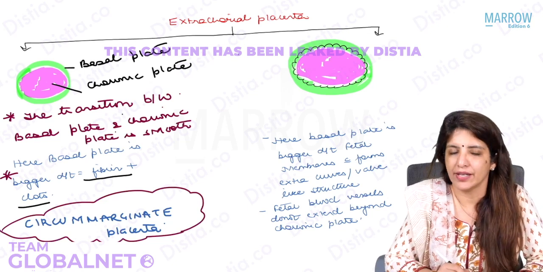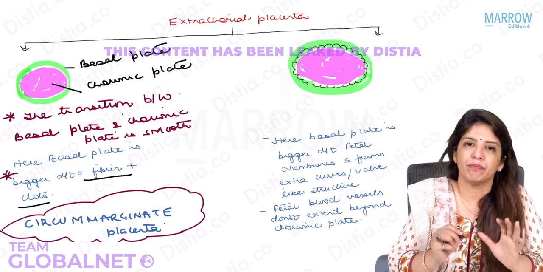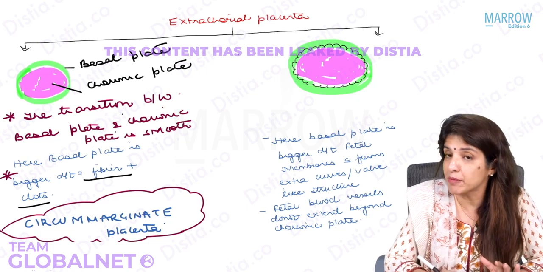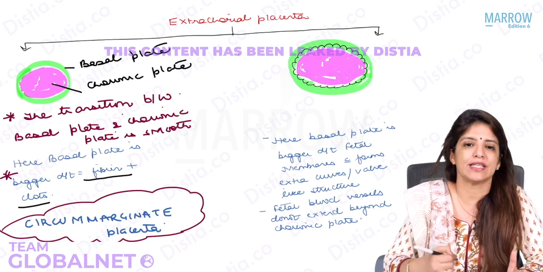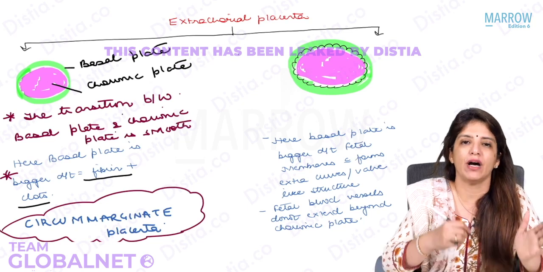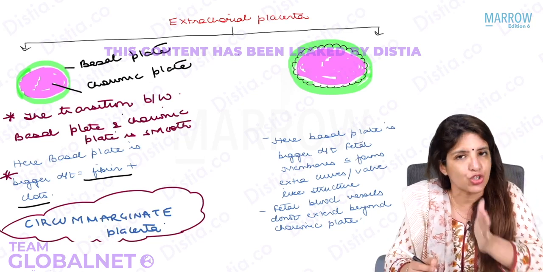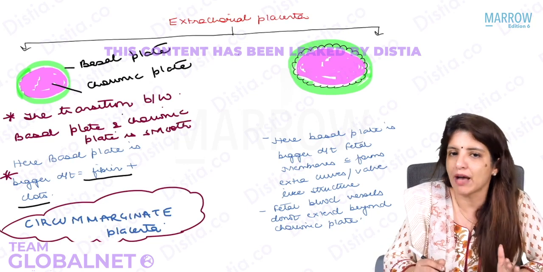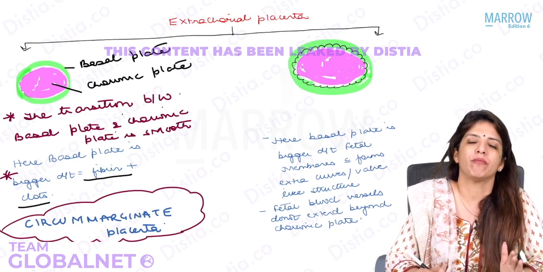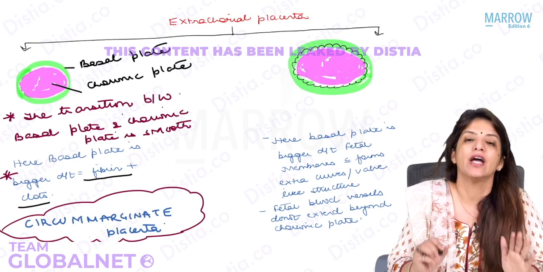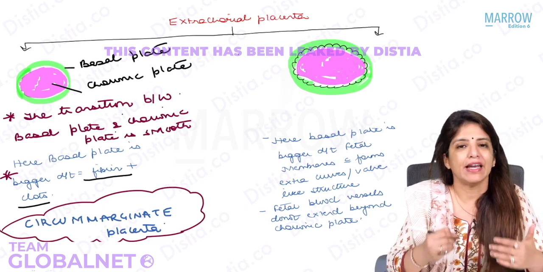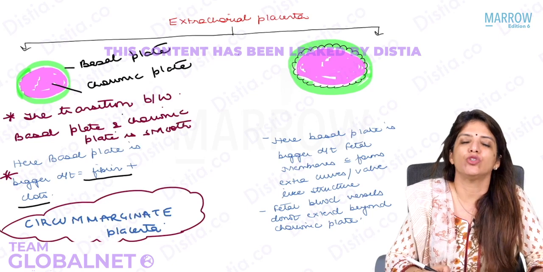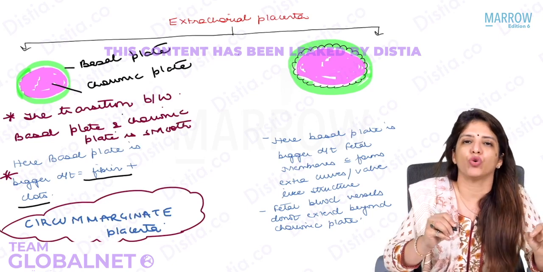On the other hand, you have a case where the basal plate is bigger. And why is the basal plate bigger? It is because the membranes, the amnion and the chorion, form extra curves or extra folds. So in such a case, you are going to get the amnion and chorion folded.